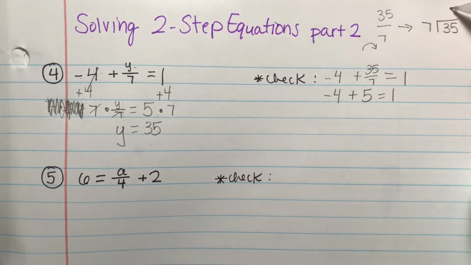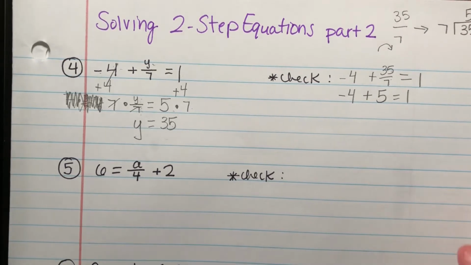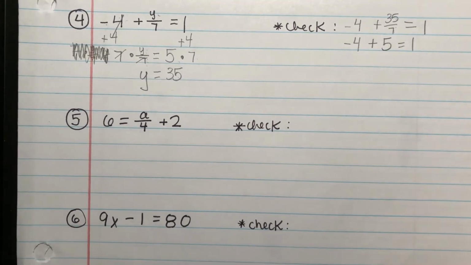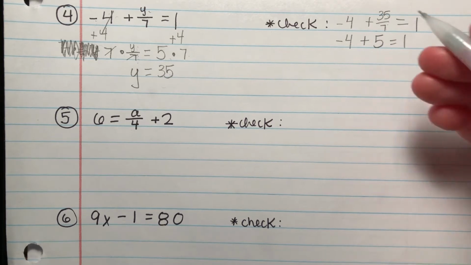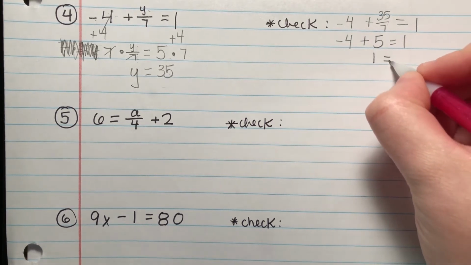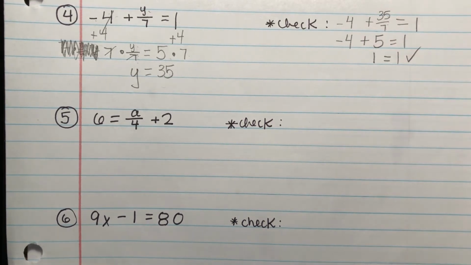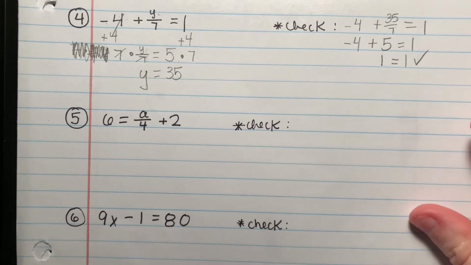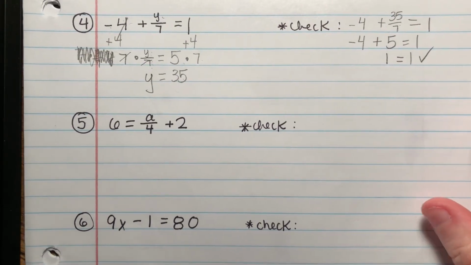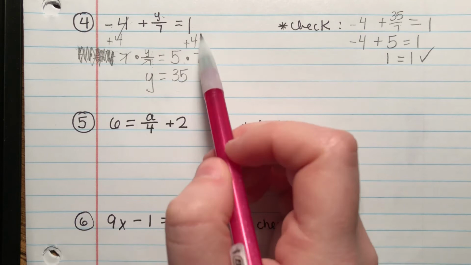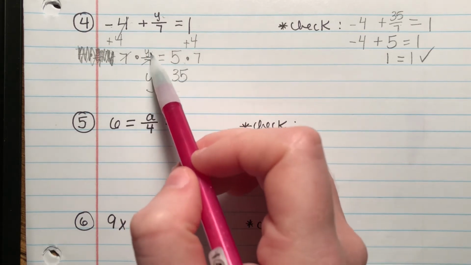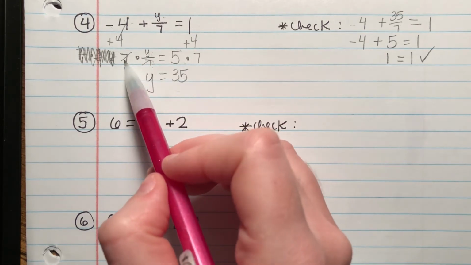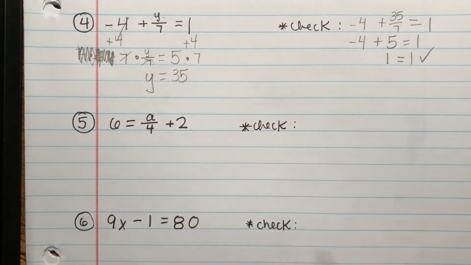And we know that that is 5. So negative 4 plus 5 equals 1. So 1 equals 1. That problem we did correctly. So I moved this negative 4 here, I undid my division by multiplying, and then I got my answer.